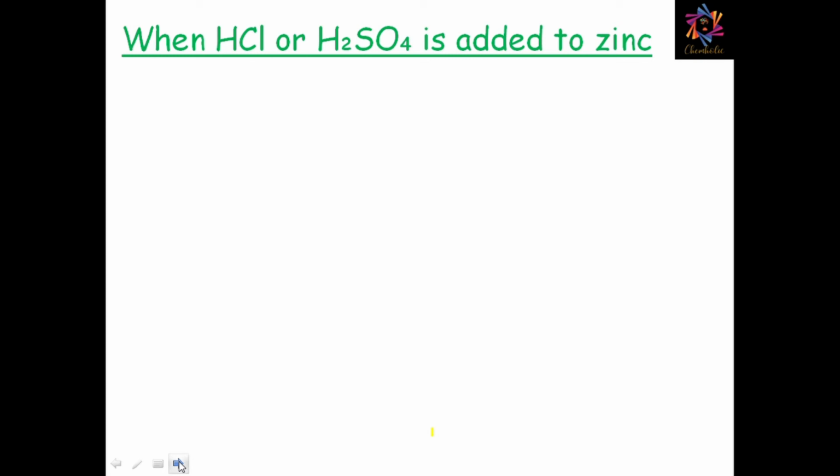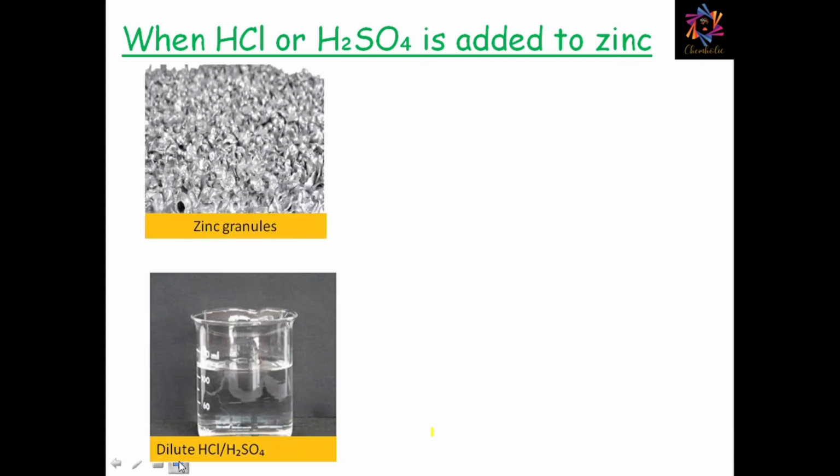So guys, we have taken some zinc granules here. You see how zinc granules look, and we have also taken dilute HCl or H2SO4 solution in one of the beakers. Now what we'll do is try to add this acid to the zinc granules and see what happens.